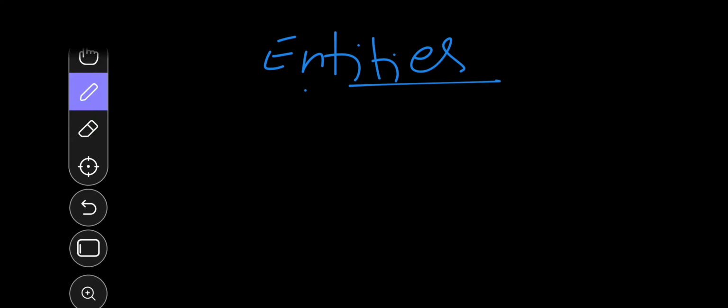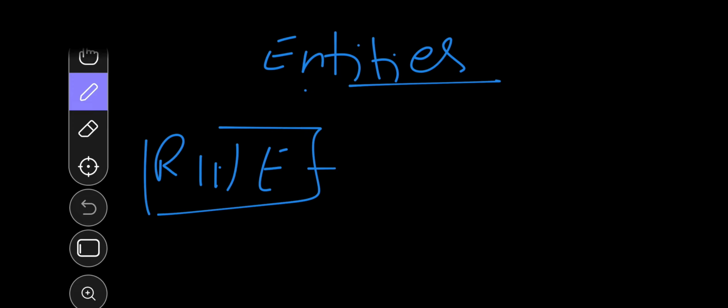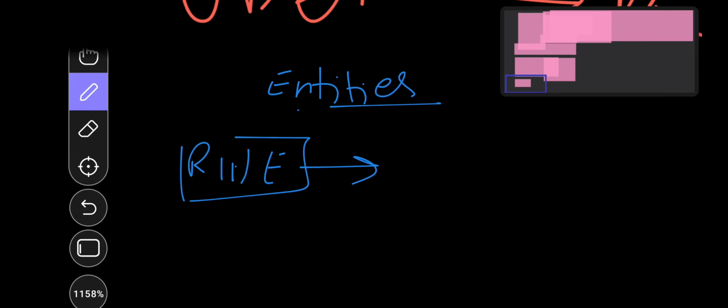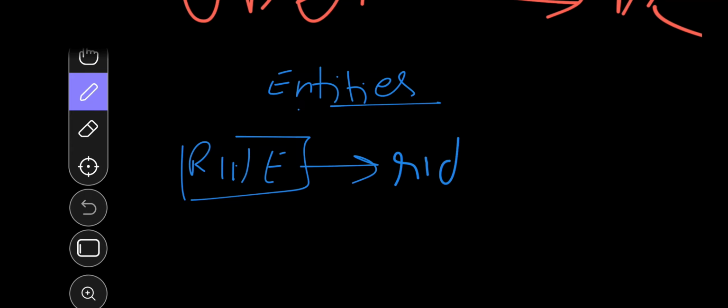So we will discuss the entities. The first entity that comes to mind is the ride entity. It can have several things. First it will have a ride ID.